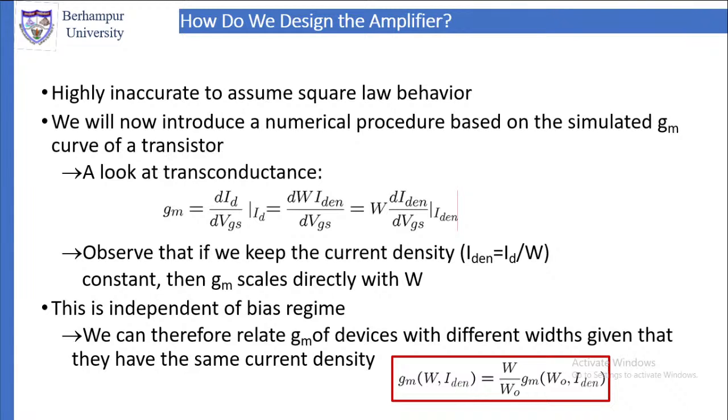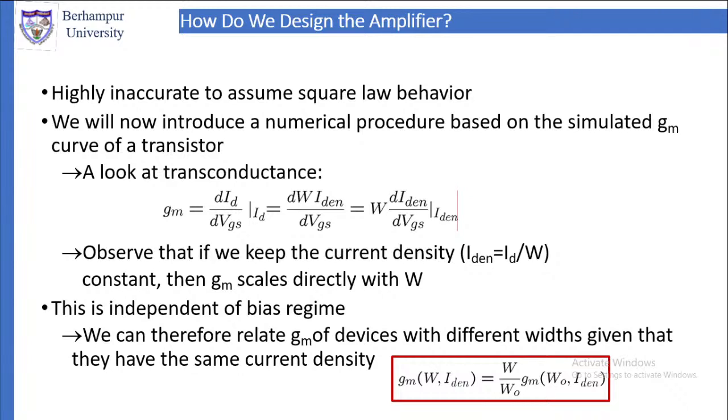If it is independent of bias, then we can relate this GM with the different widths. It depends on width, so GM is a function of width and current density. GM as a function of W and current density, we can write as W by W0 times GM as a function of W0 and current density.